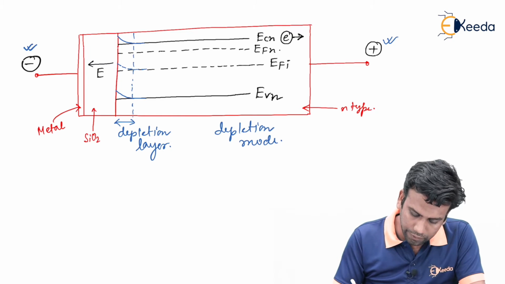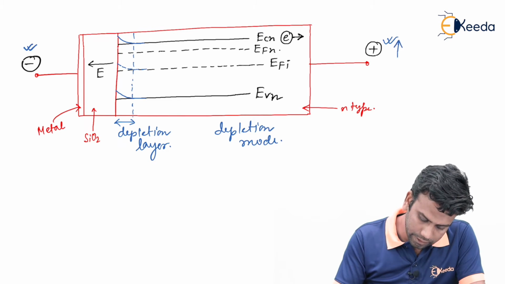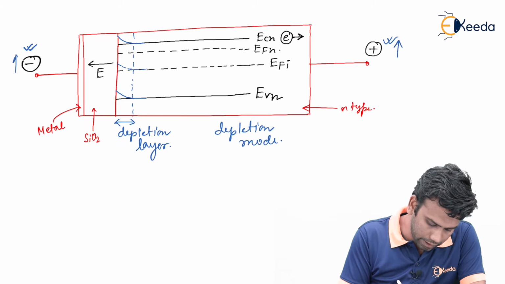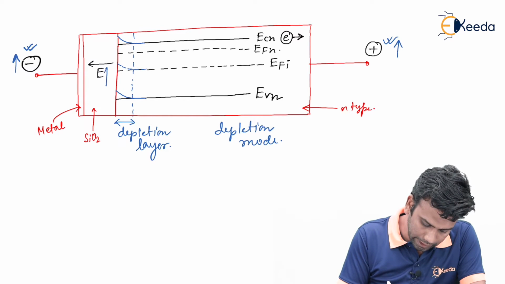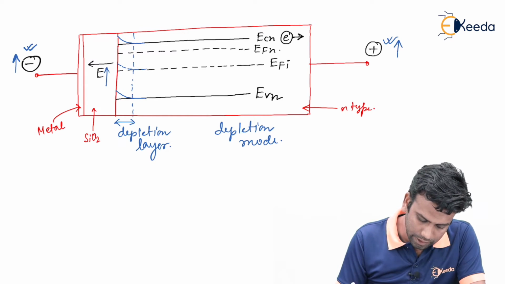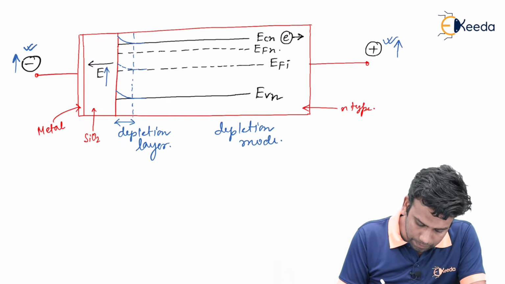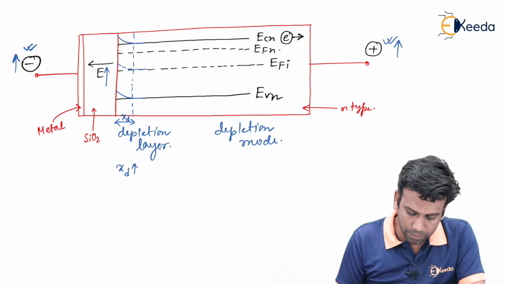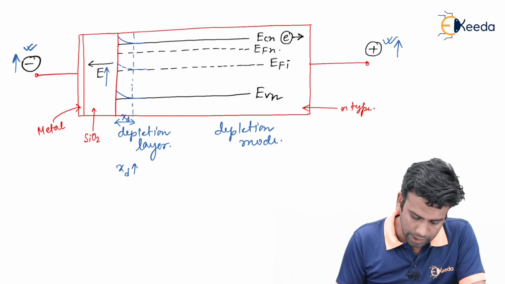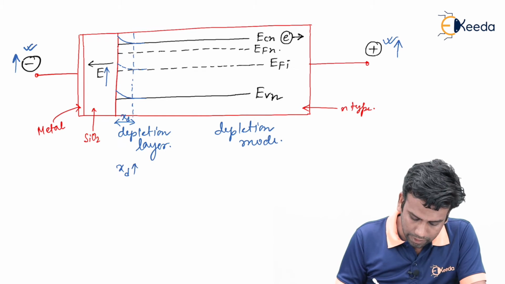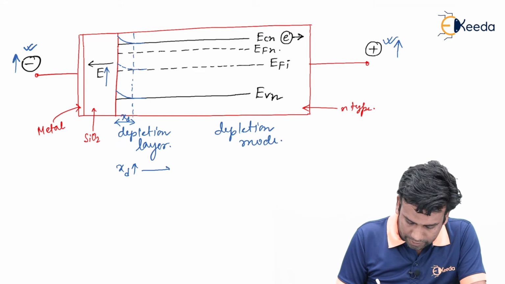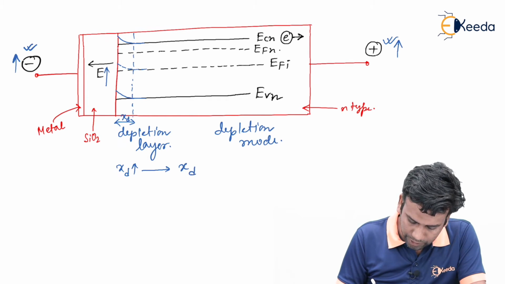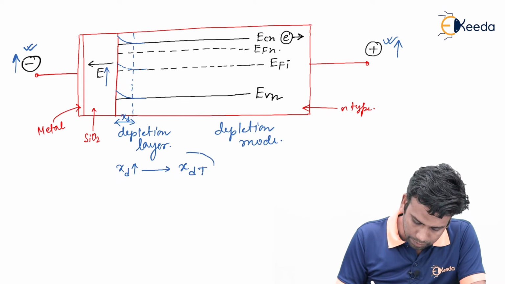Now if I increase this potential, then the electric field will increase and the width of the depletion layer, that is XD, will also increase because more donor ions will come to the interface.